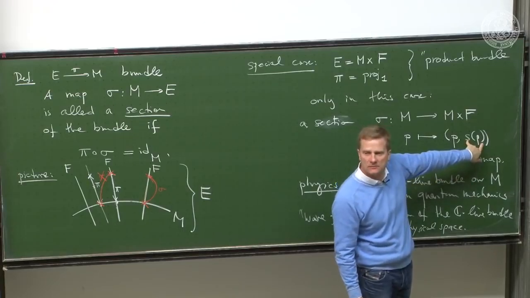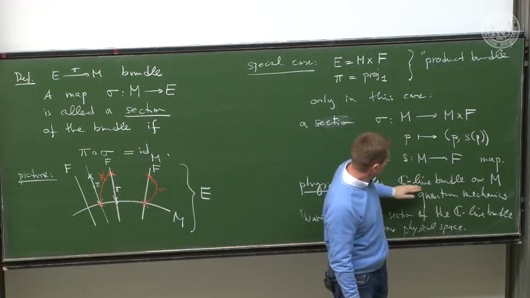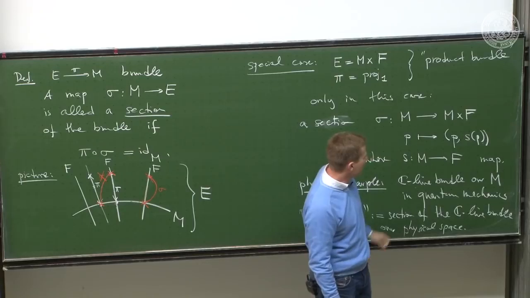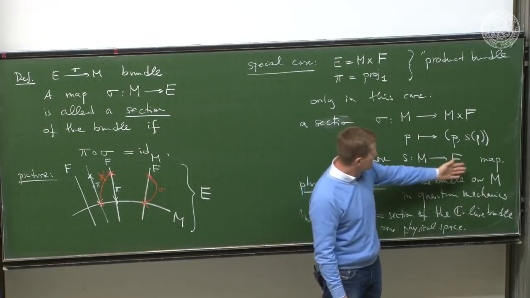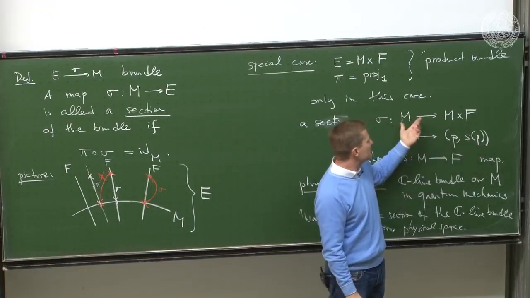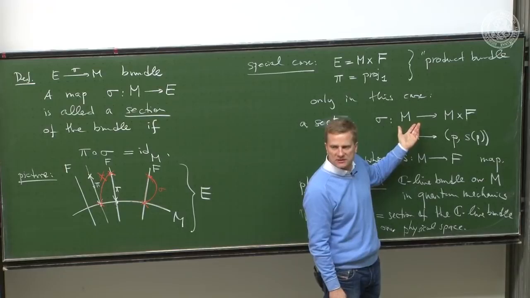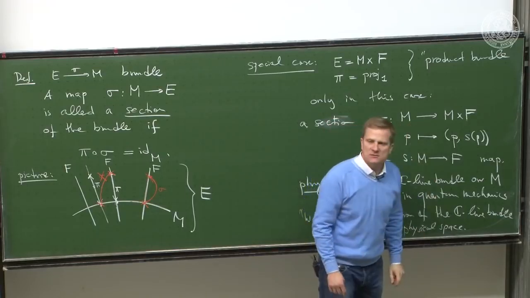That's the wave function. Now, if it always were the case that the C line bundle over M is a product, M cross C, then indeed, wave function would be the appropriate term, and making this into a section would be just cumbersome, unneeded formalism. But it's just not the case.